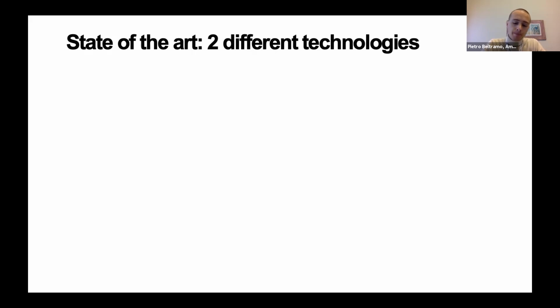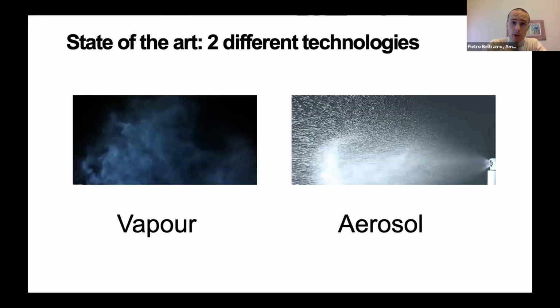So hydrogen peroxide is a molecule very similar to water, so the behavior from the physical point of view is the same. Like water, hydrogen peroxide can be found in two different states, liquid and gas.